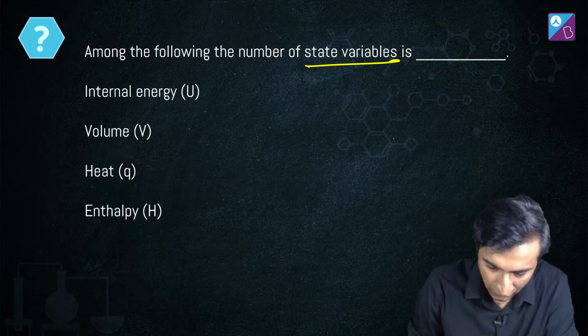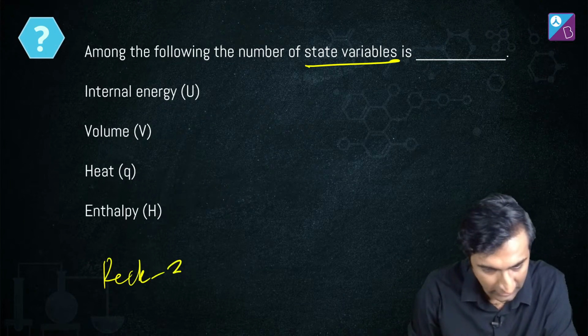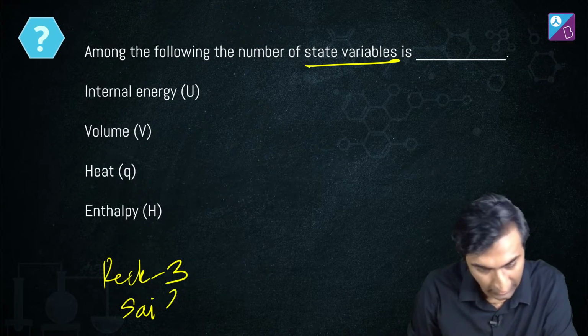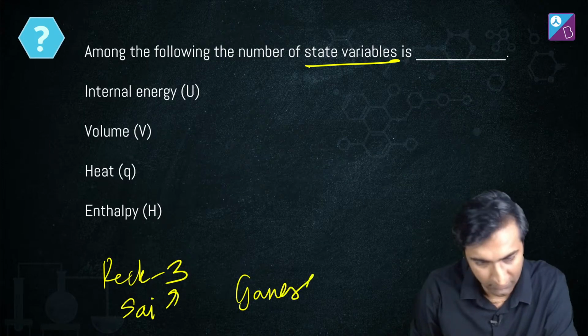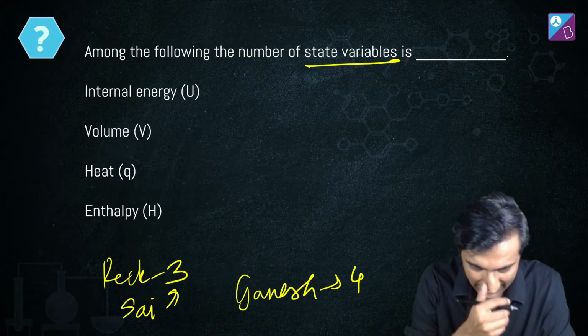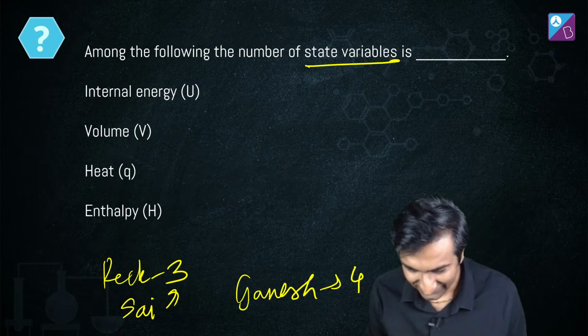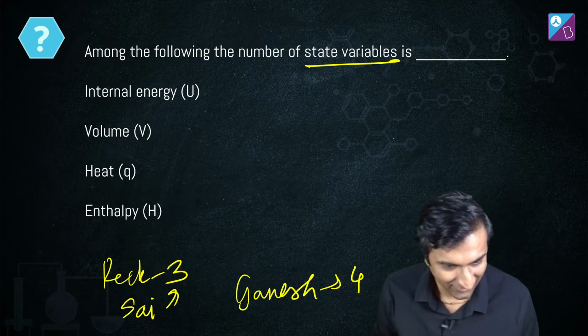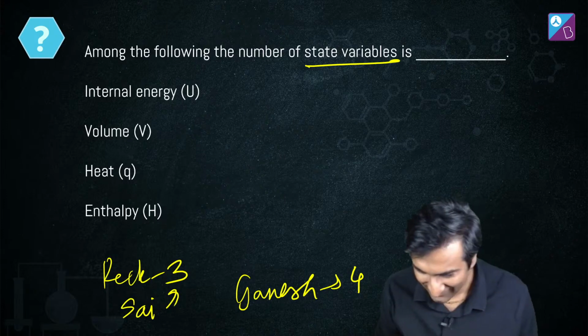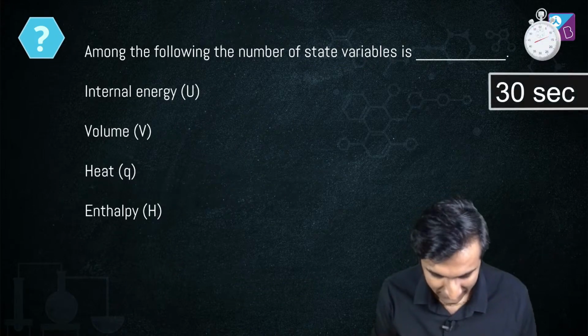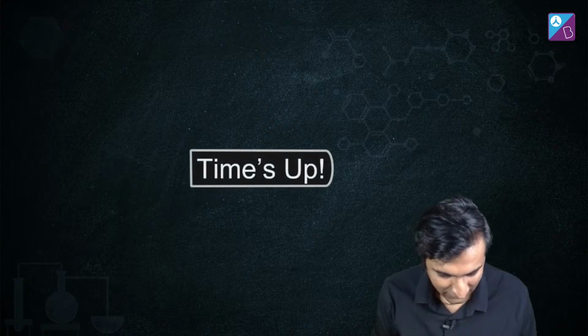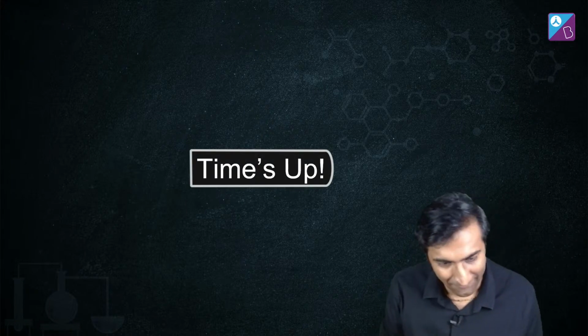Okay. So Rek goes with 3, Sai also goes with 3, Ganesh says 4. All right. Okay, interesting. Cool. Except for heat.